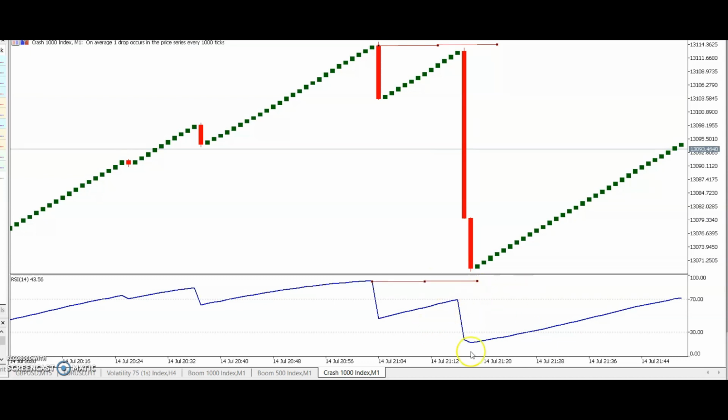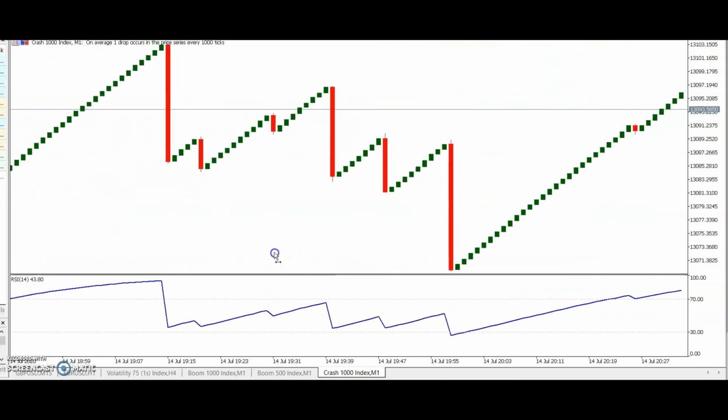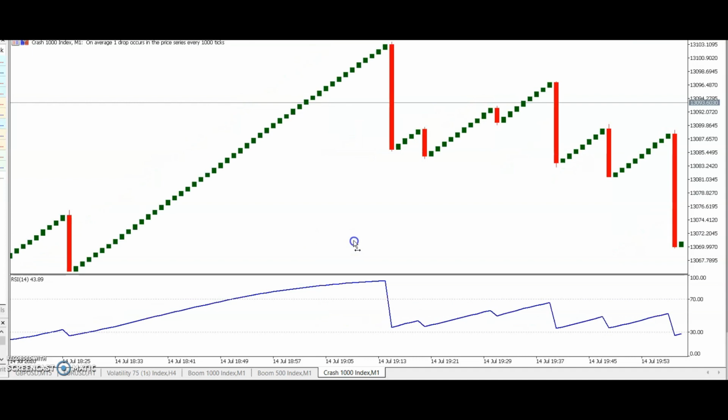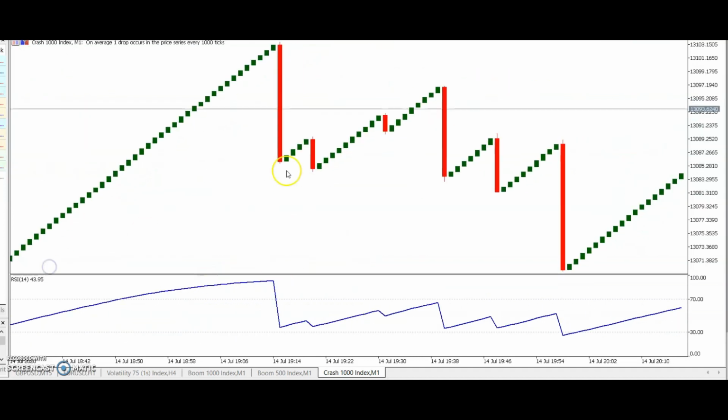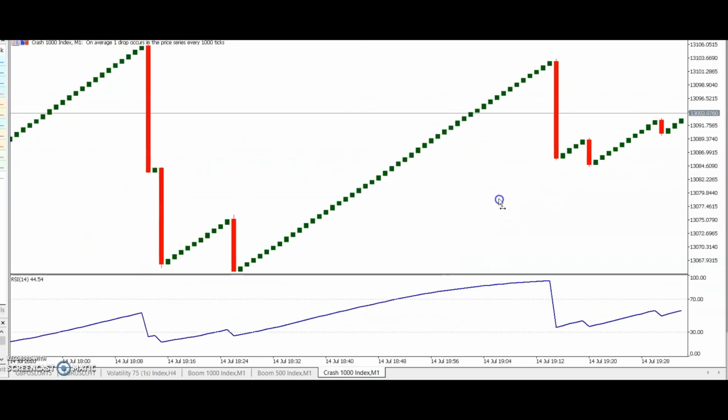I simply enter into a sell, right? I'm just using my eyes to identify these things, but you can be drawing lines everywhere on every peak that you see, and also check this peak corresponds to this one. Check your RSI is still below, which is fine. You can enter the sell.